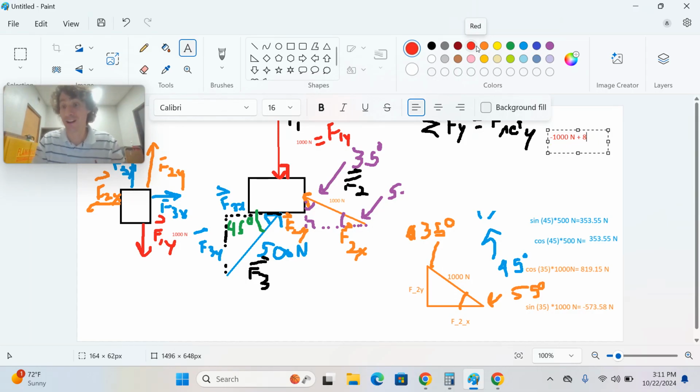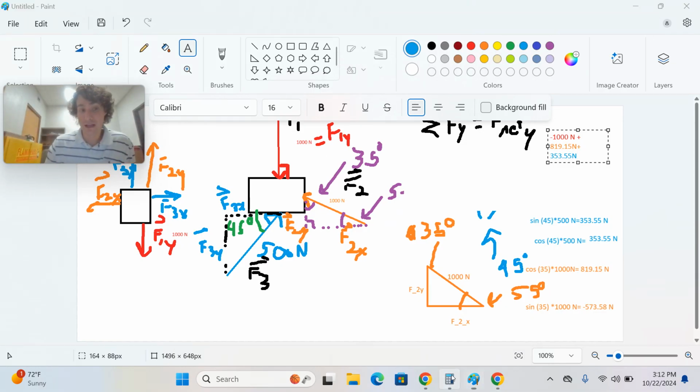Oh, I didn't switch colors, did I? I'm being silly. Orange, and that was 819.15 newtons. Plus, and then we got vector 3, which we had as 353.55 newtons. That's kind of nice to have the colors, right? Makes it a little easier to visualize.